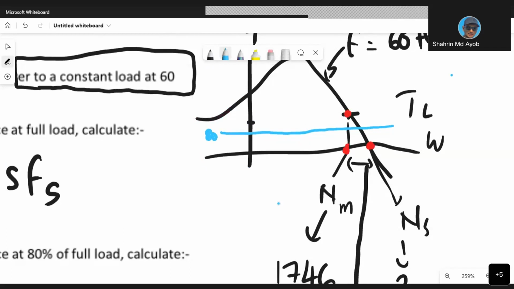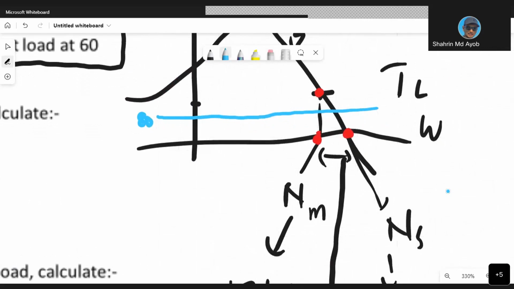As you can see, the motor speed will increase, because load you kurangkan, so dia lagi laju. Logik kan? So your motor speed will be at this new speed kat sini. But we don't know what is the speed.